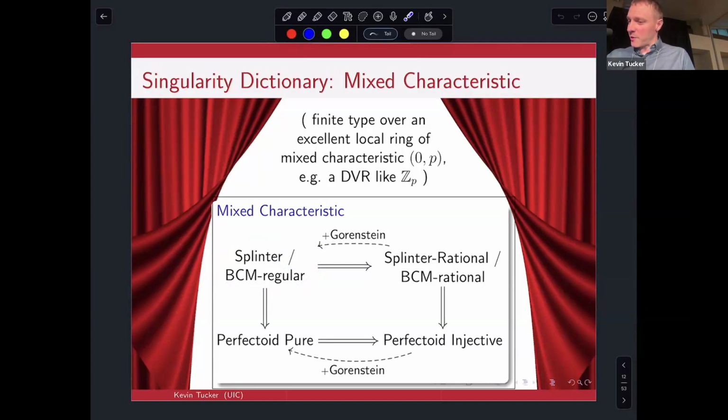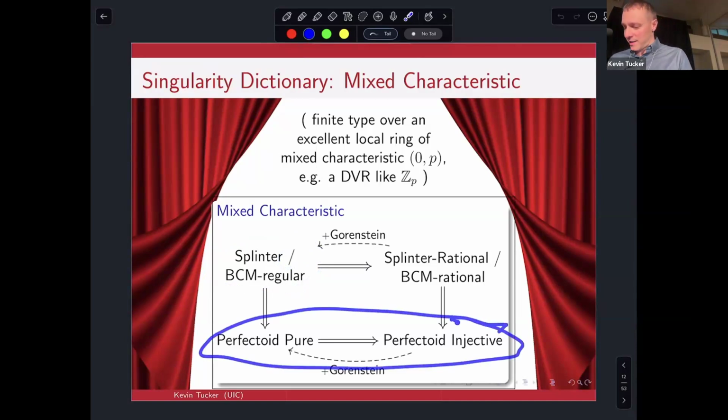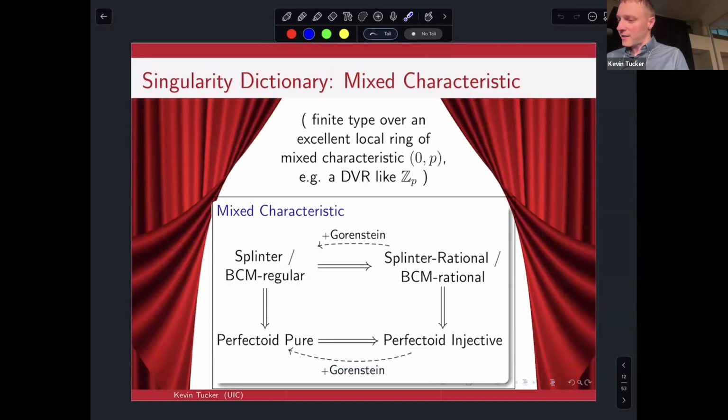We'll get to that ambiguity in time. Also, I'm again not going to say anything about the bottom row, and in particular, I'm not going to say anything about the word perfectoid essentially anywhere in my talk, although those techniques underlie a lot of the advances. But if you want to hear more about that, you can go see Joe Waldron's talk later this week.